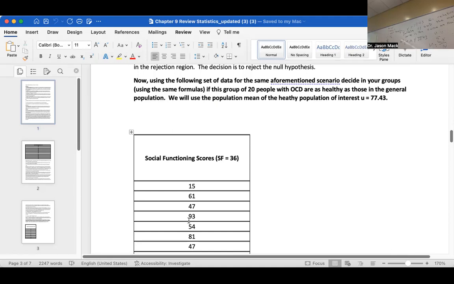Alright. That's value box is set by default. Type in a value, 77.43. Select OK.